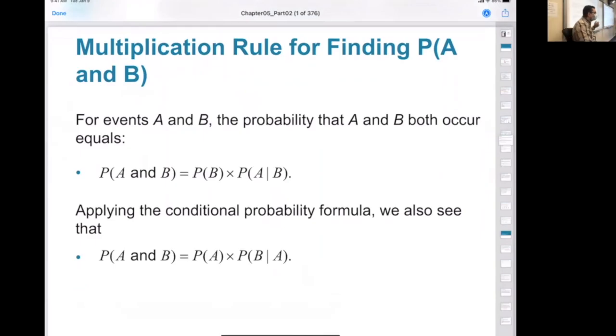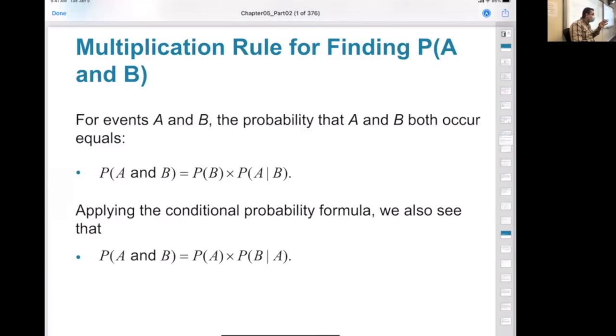So we return again here to the multiplicative rule. Last time, when we had the multiplicative rule, it was for independent events. So last time in part 1, the multiplicative rule was for what? The independent events. What are independent events? Do you remember?